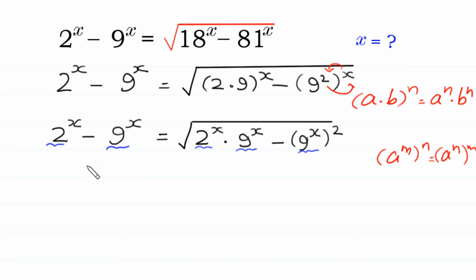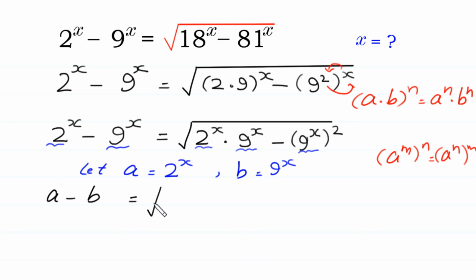So we suppose that let a is equal to 2 to the power x and b is equal to 9 to the power x, and we substitute a and b in this equation, then this equation becomes a minus b is equal to square root of a times b minus b squared.